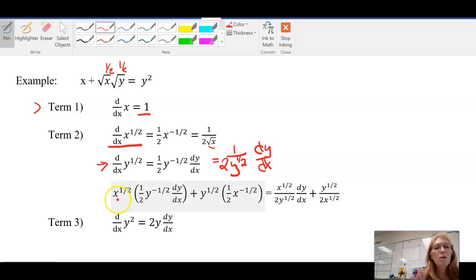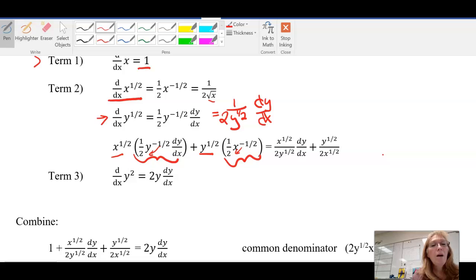So we take the first times the derivative of the second, plus the second times the derivative of the first, and this is what we get. So in the numerator, you'll have x to the 1/2 power dy. In the denominator, you'll have 2, then y to the negative 1/2 goes down. Here, x to the negative 1/2 goes down, so it's y to the 1/2 over 2x to the 1/2 power.